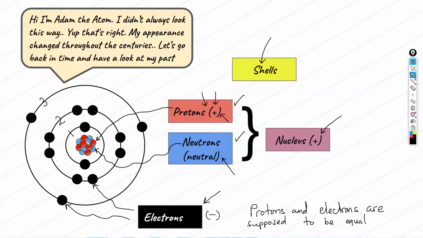That means if an atom has 5 protons, 5 positive charges, it's supposed, keyword, it's supposed to have 5 electrons, which are negative, to balance it. So if an atom has 10 protons, it's supposed to have 10 electrons as well.